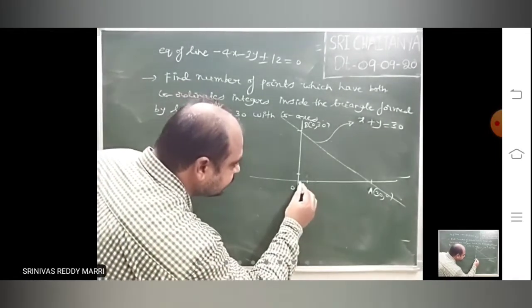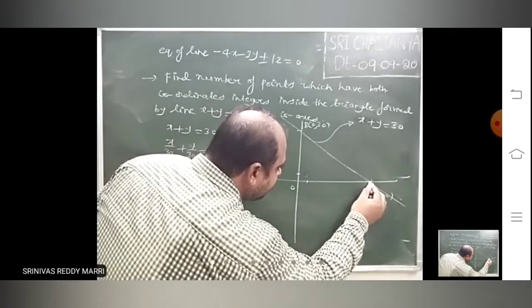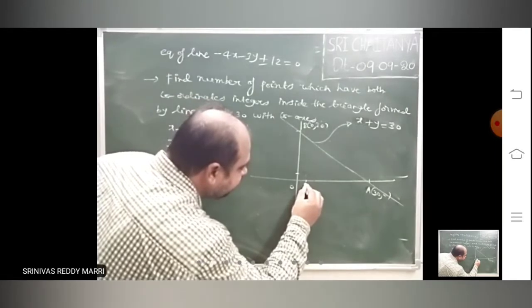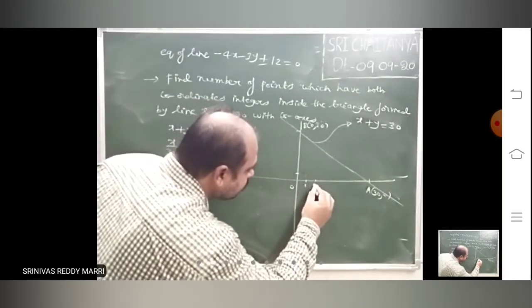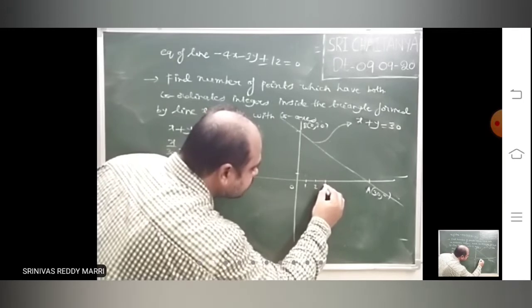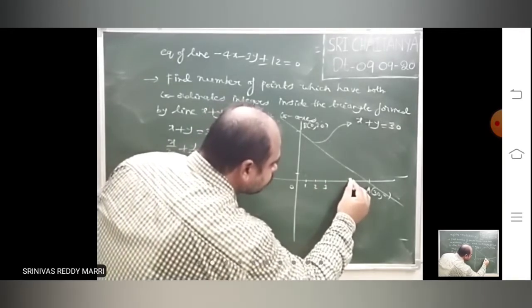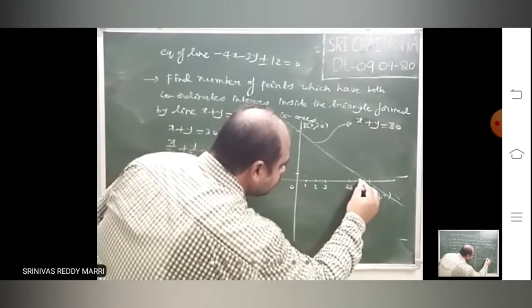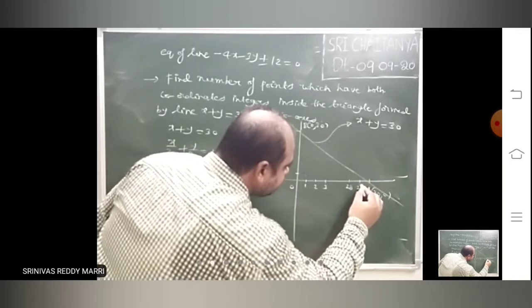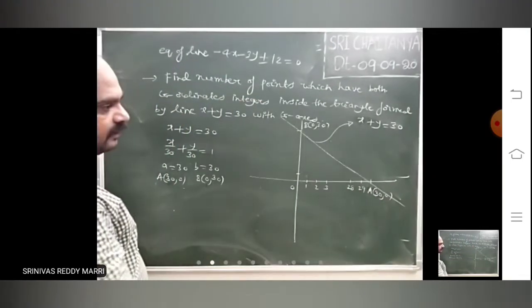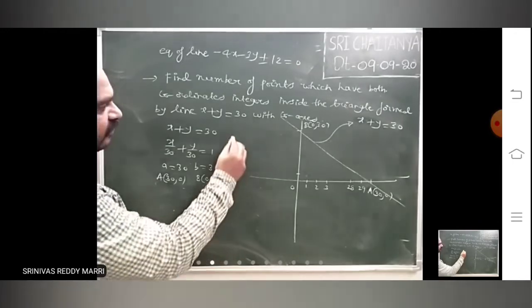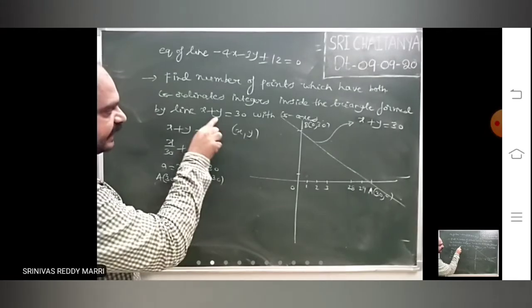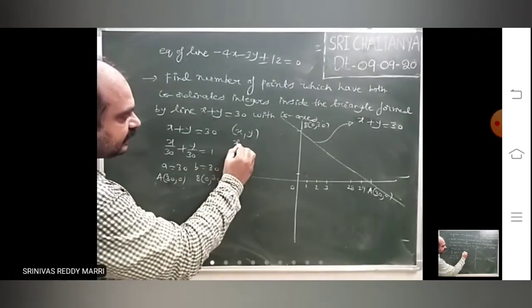How to find those points: x will be between 0 and 30 only, y will be between 0 and 30 only. So look at the integer values of x: 1, 2, 3, and lastly 28, 29. We have to find the points like this such that x plus y equal to 30.